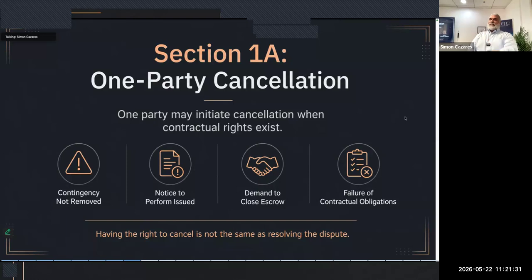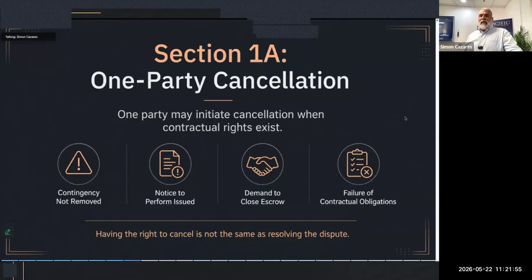Just because I send the cancellation with the buyer's signature, escrow will not release the deposit. It has to be signed by all parties, the buyer and the seller. Agents have nothing to do with just the buyer and the seller. The agents are out of the equation. Agents have no authority regarding the deposit. That's correct. Or paper pushers.